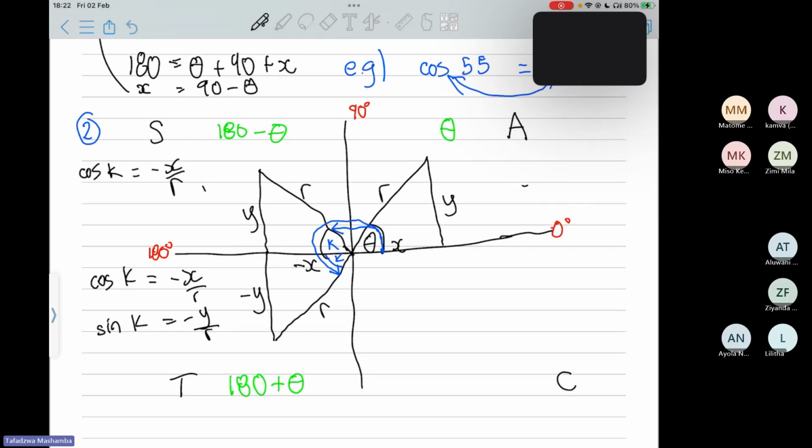How about tan? Let's see if our rule still applies. So tan of k is equal to opposite, which is negative y, over minus x. So can you see a minus and a minus makes a positive? So this is just going to become y over x.